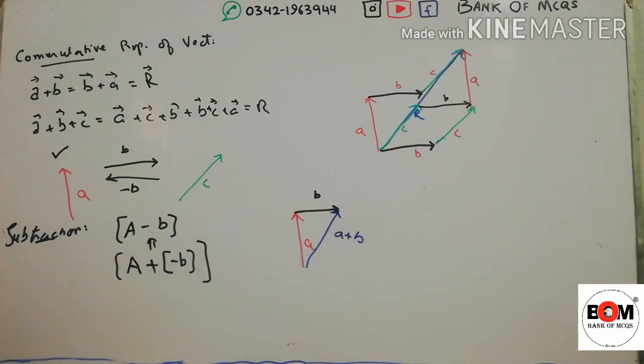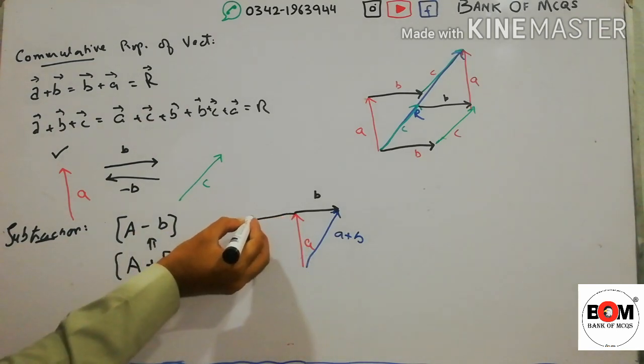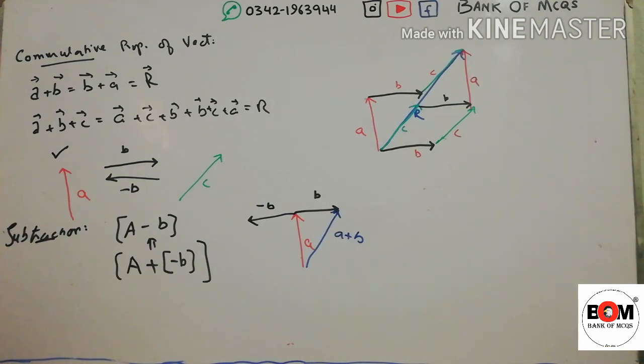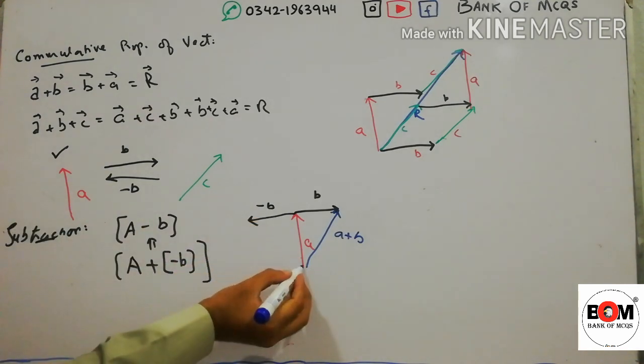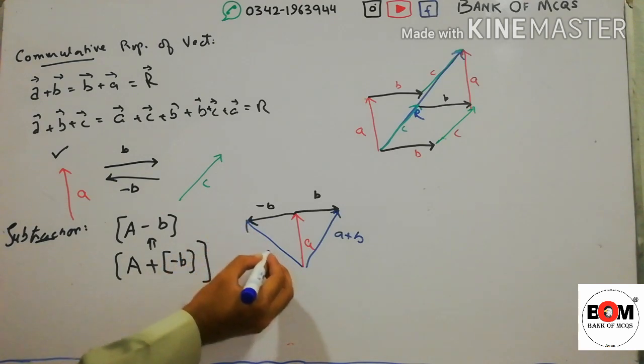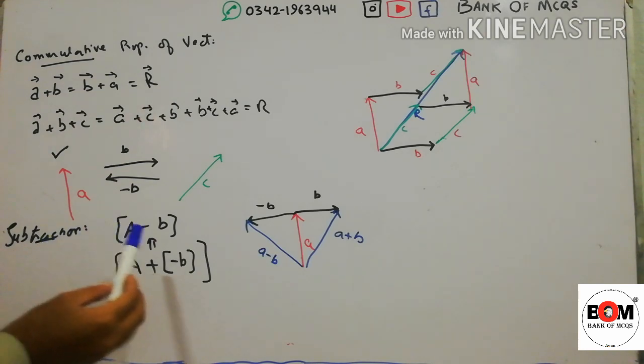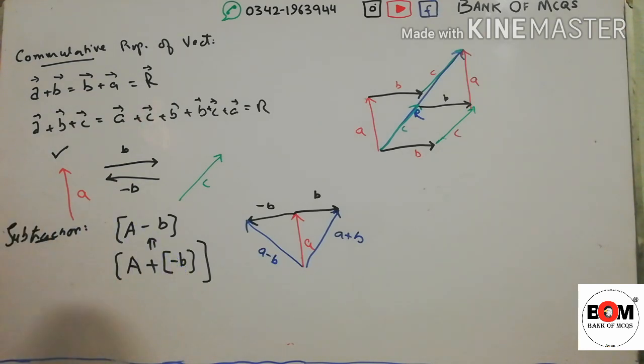Now if we want A minus B, we will draw minus B instead of B. This is the same as B but opposite in direction, so we call it minus B. Now add A and minus B by the head to tail rule. This is what we get. This is A minus B. So for subtraction, we add the negative of the second vector with A. Next is multiplication of vectors.